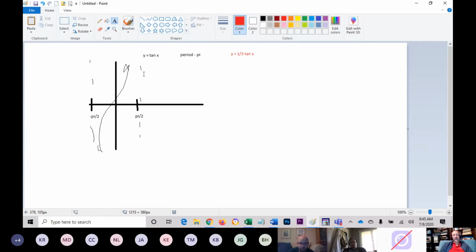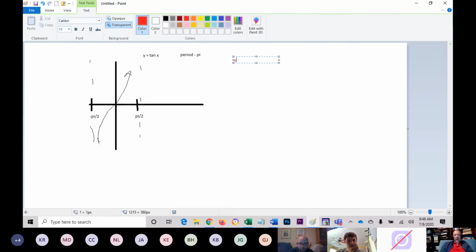I'll try to draw that better with my finger. There, that went through the center that time. So if we say that that's the tangent of x, then how would we compare? What would be the difference here? Y equals 1/3 the tangent of x.